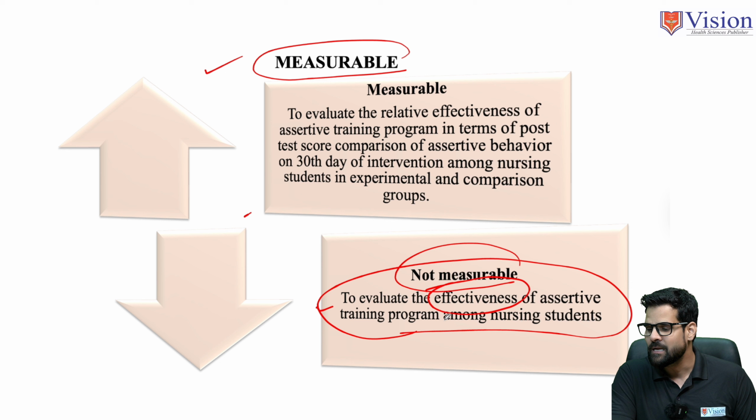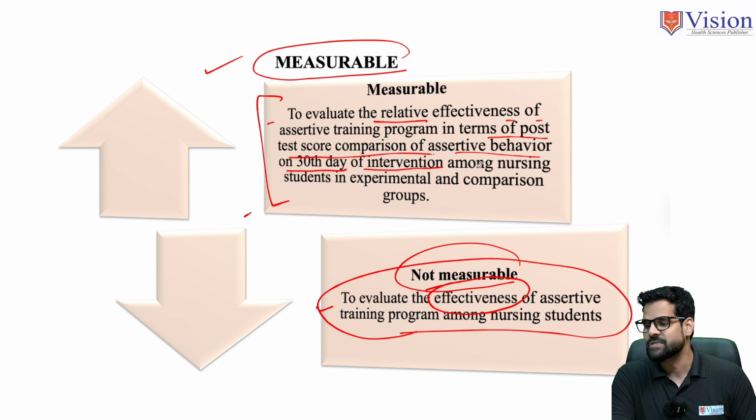So let's see how we can frame it in a better way. Measurable: to evaluate the relative, meaning comparative, effectiveness of the assertive training program in terms of post-test score comparison of assertive behavior on the 30th day of the intervention among the nursing students in experimental and comparison groups.